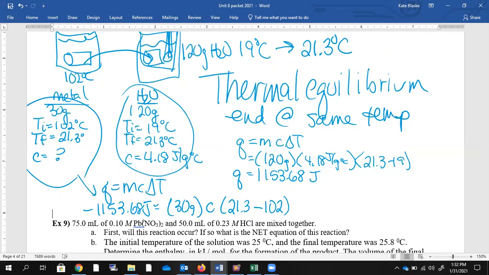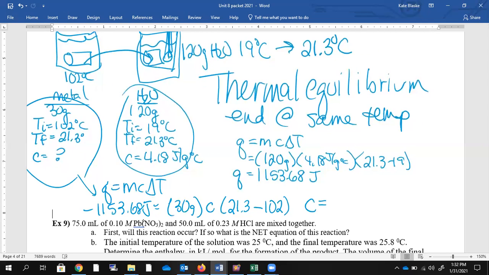So if I do my calculation, sorry guys, my calculator's freaking out. Negative 1153.68 divided by all my other stuff from the other side, which is 2421, gives me a C value.